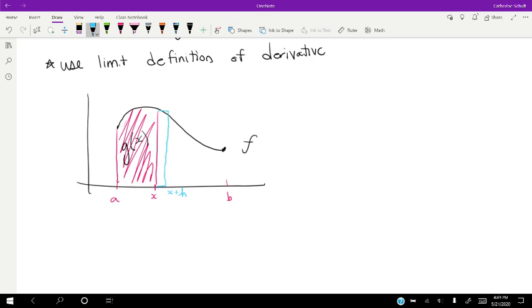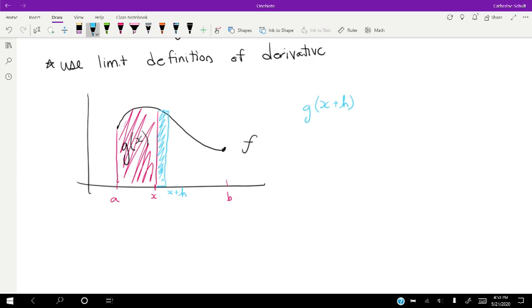Okay? And we're going to figure out the following. We're going to look at g of x plus h. Okay, so that's the area under the curve from a to x plus h.